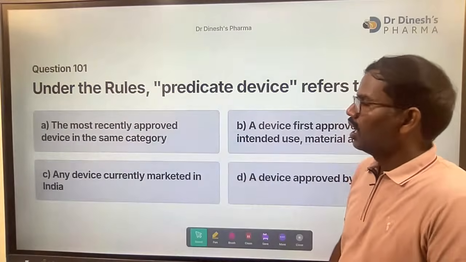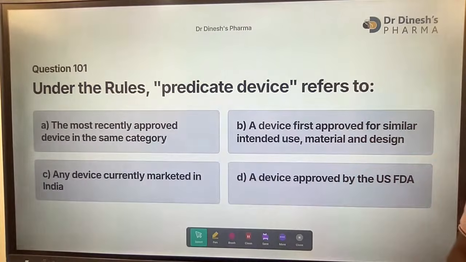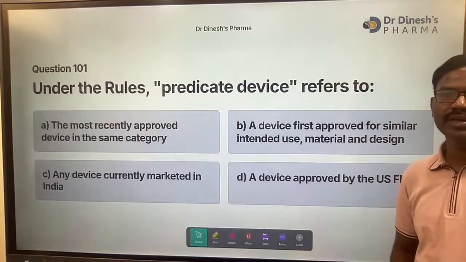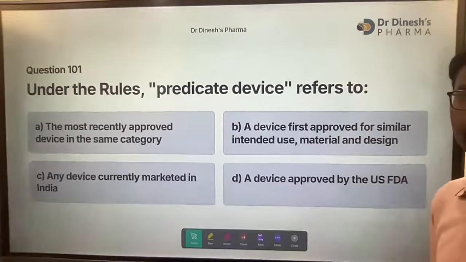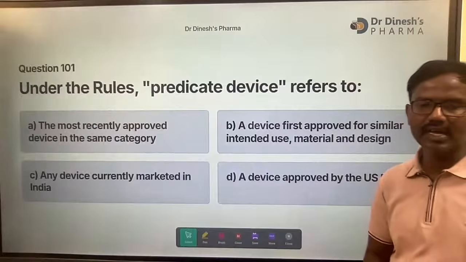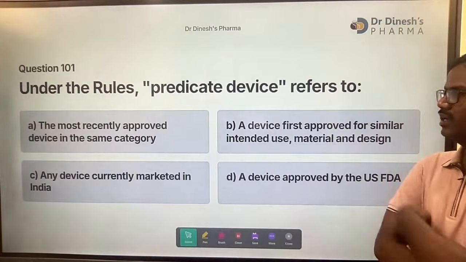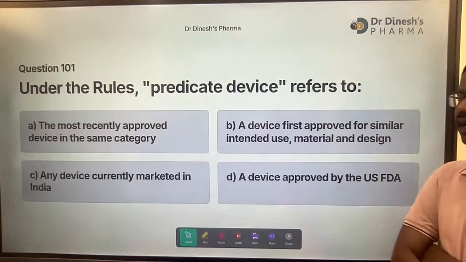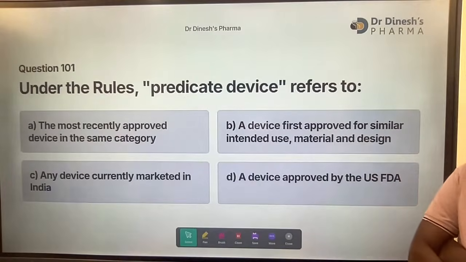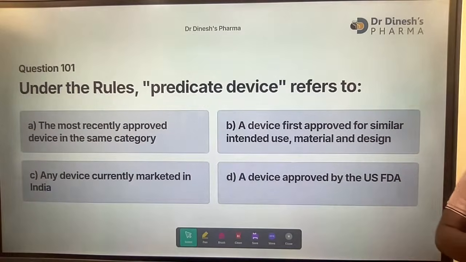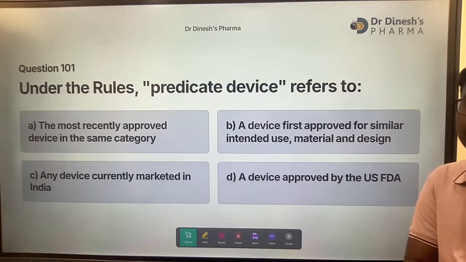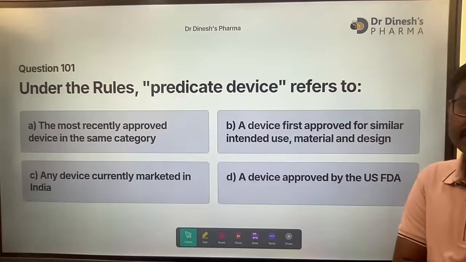Okay, next question. Under the rules, predicate device refers to. So many students are getting confused about predicate device, so please be clear about what a predicate device is. The most recently approved device in the same category, the device first approved for similar intended use, material and design, any device currently marketed in India, or a device approved by the US FDA?